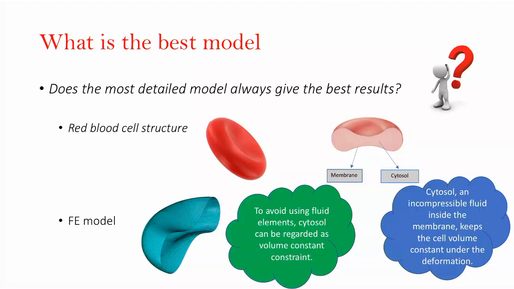So I didn't use any fluid elements, and I didn't use any solid-fluid interaction, which makes it much, much faster and easier. But sometimes this type of simplification is not possible. It totally depends on the analysis and what you want to get from your model.